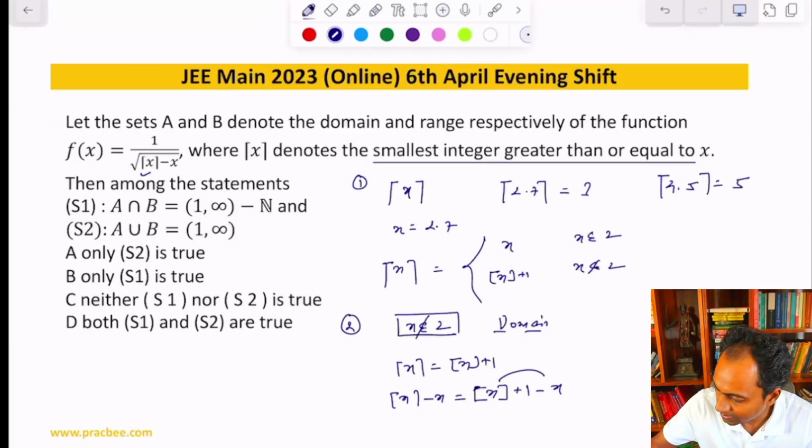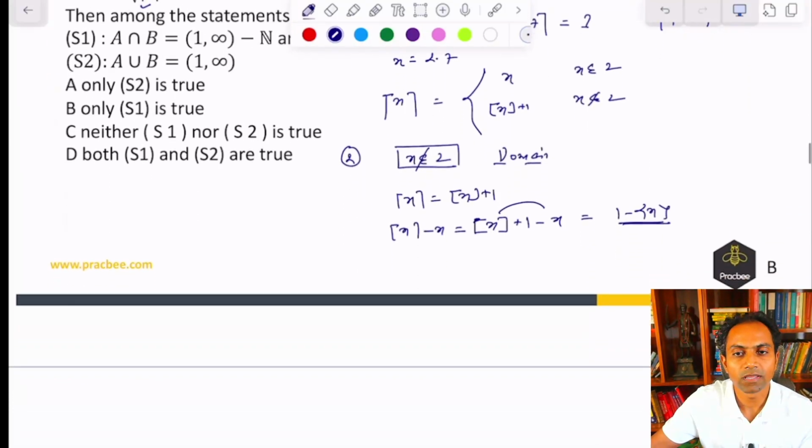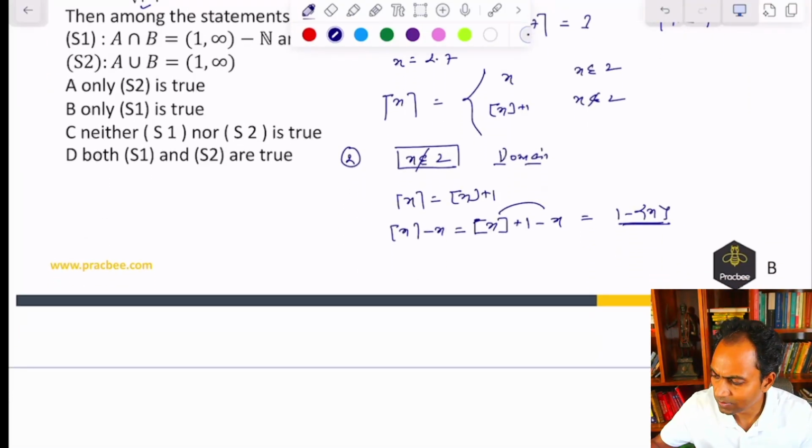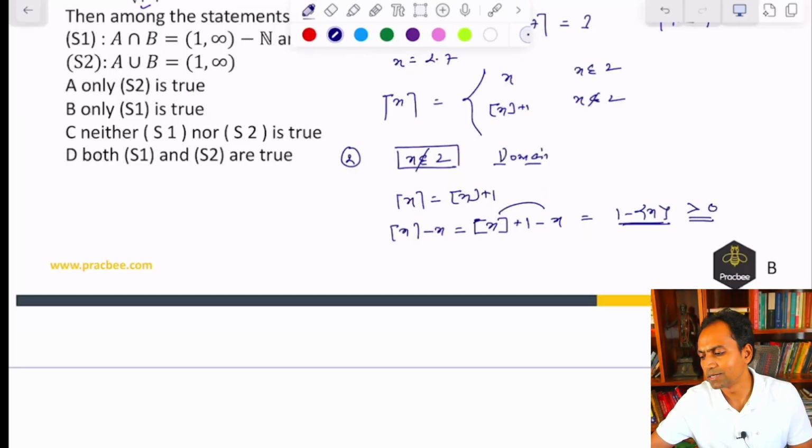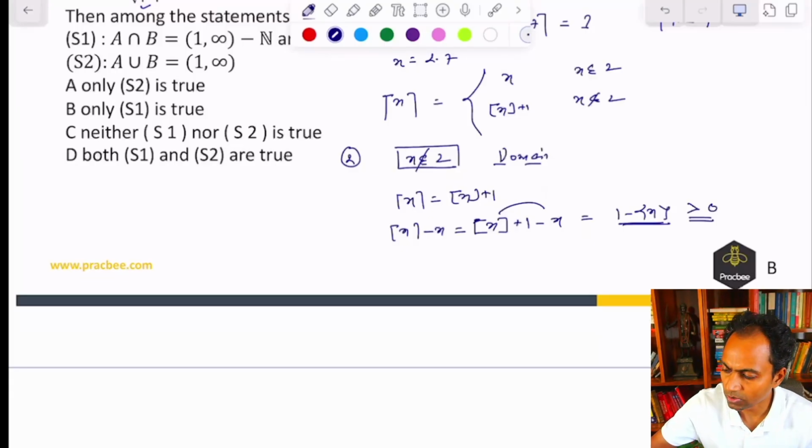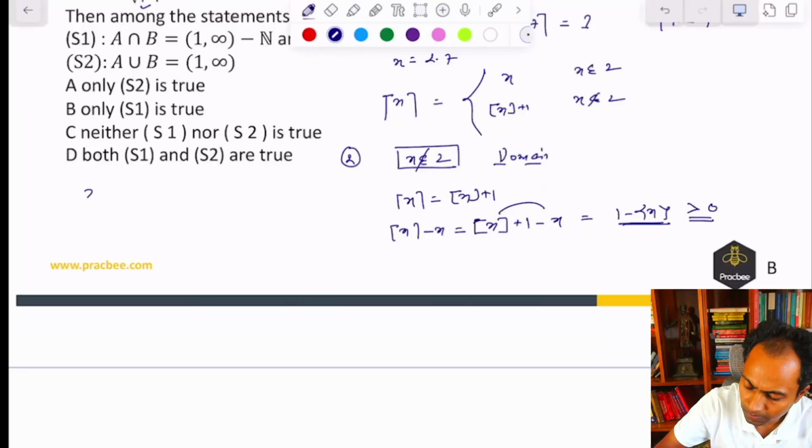And if I combine these two, this will become 1 minus the fractional part of x. And if you are taking 1 minus the fractional part of x, this will always be greater than 0. Since we are not putting x as an integer, it is always greater than 0 and hence always defined. So your domain comes out to be, when x is not an integer, it would always be defined.